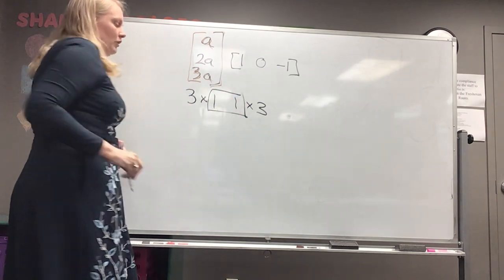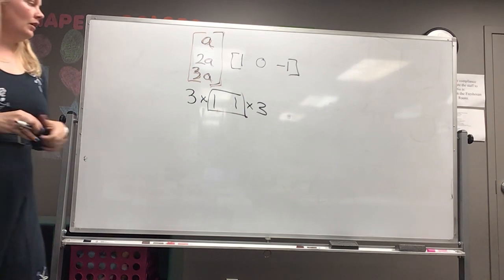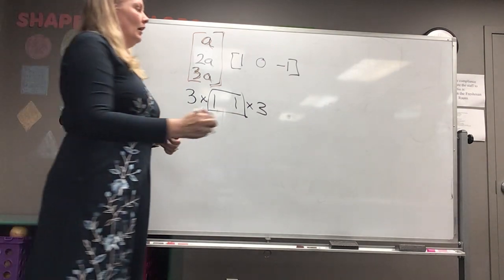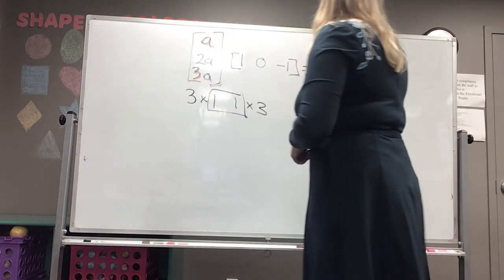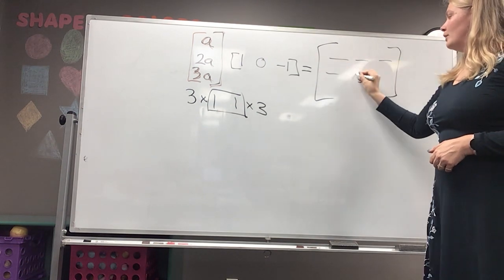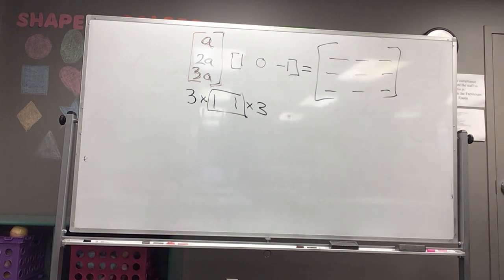The inner dimensions match, so first of all, this is possible. And second, our answer is going to be 3 by 3. And so that's what I'd be writing out. I'd be writing out a matrix that says 1, 2, 3, 1, 2, 3, 1, 2, 3. 3 rows, 3 columns.